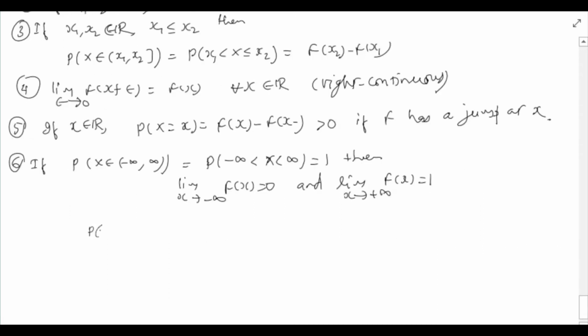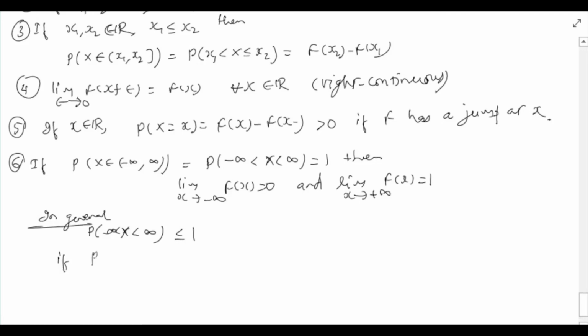Note that probability of X lying between minus infinity and plus infinity could be less than 1. That is, in general, probability of X lying between minus infinity and infinity is less than or equal to 1.